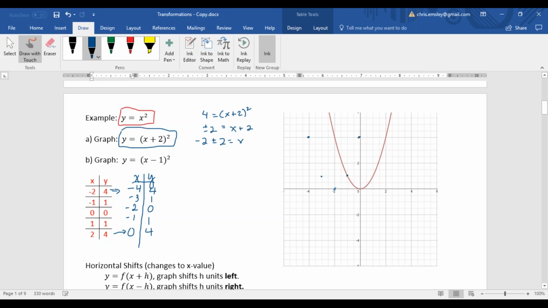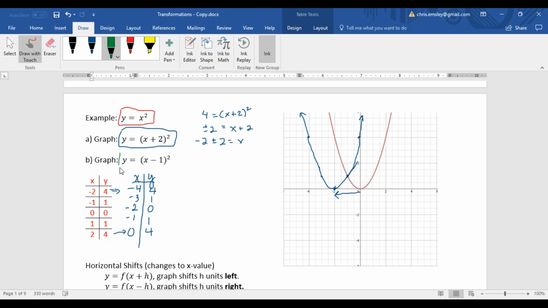And we can connect those points, and maybe you can see again, hopefully not a surprise, we got that same shape of a parabola. But this time, instead of moving up or down, our vertex has moved to the left by 2. So adding a 2 actually moved our vertex to the left by 2.